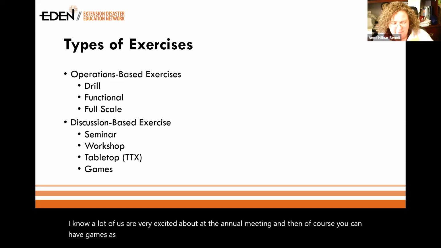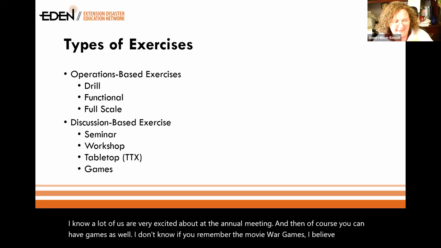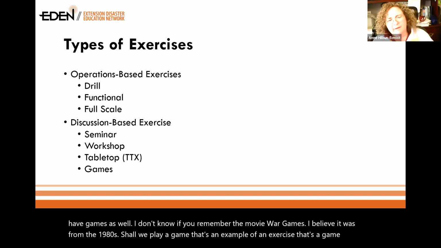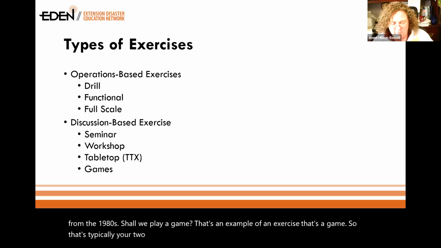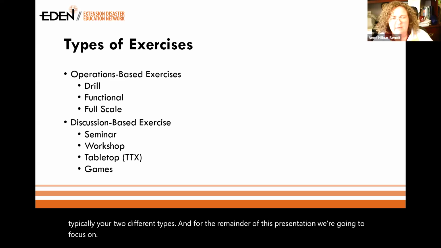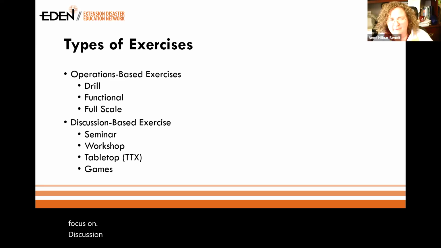I don't know if you remember the movie War Games, I believe it was, from the 1980s. Shall we play a game? That's an example of an exercise. That's a game. So that's typically your two different types. And for the remainder of this presentation, we're going to focus on the discussion-based exercise, specifically the tabletop exercise.